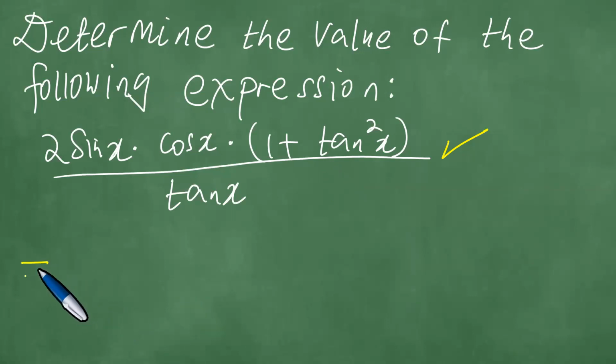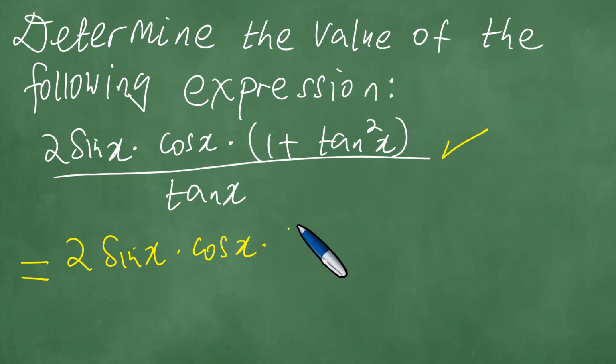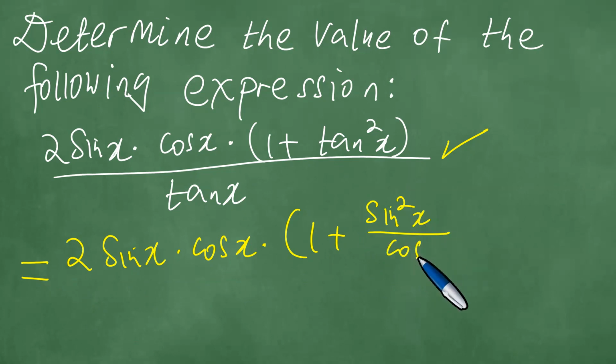So this is equal to 2 sine x cosine x into 1 plus the tangent squared, which is the same as sine squared x divided by cosine squared x.